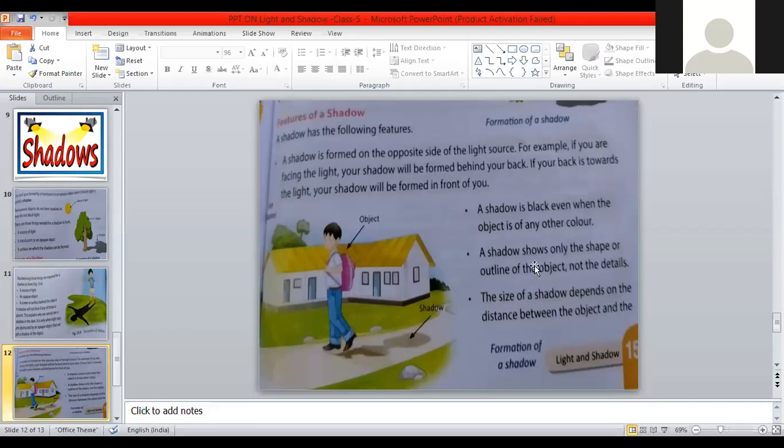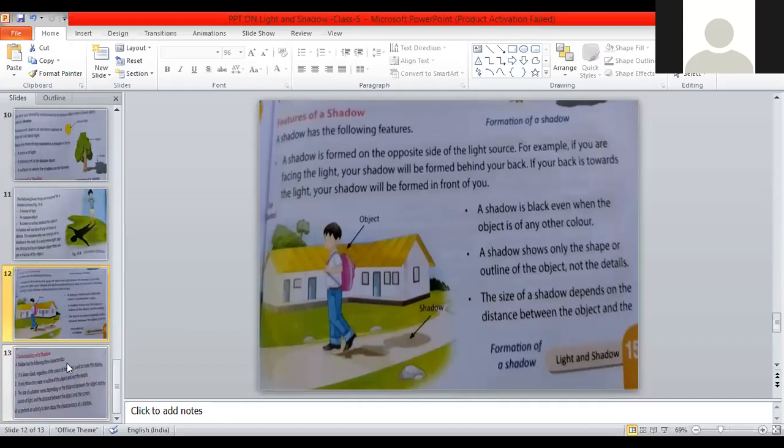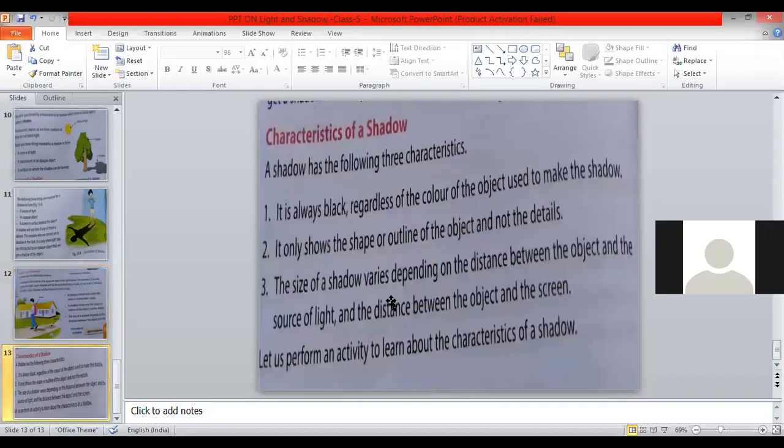A shadow shows only the shape or the outline of the object, not the details. It tells us only the shape, whether it is a human being or a dog or a cat, we can understand by seeing the shadow, but we cannot get complete details of the material of the object or of the organism. The size of the shadow depends on the distance between the object and the source of light.